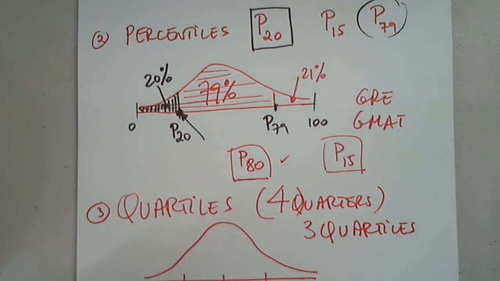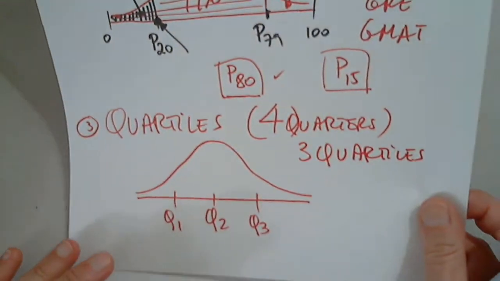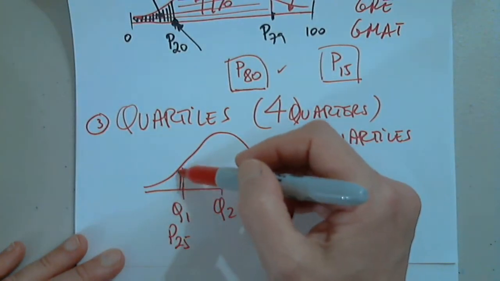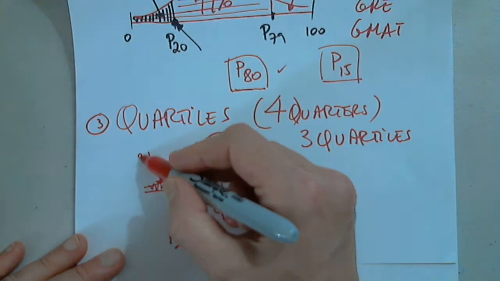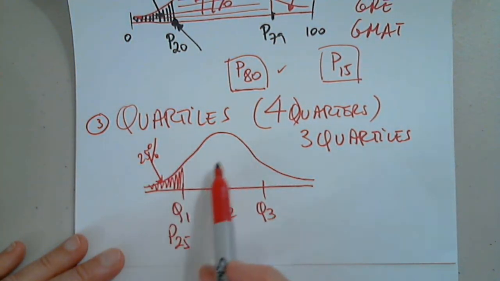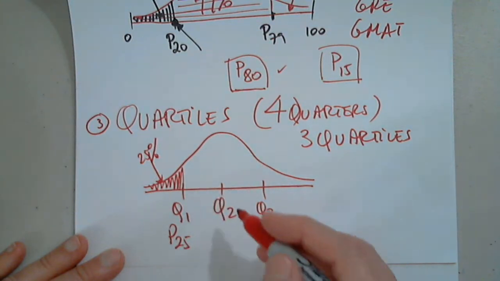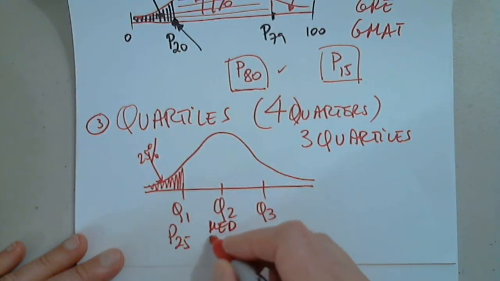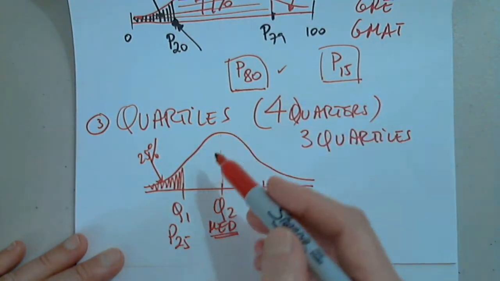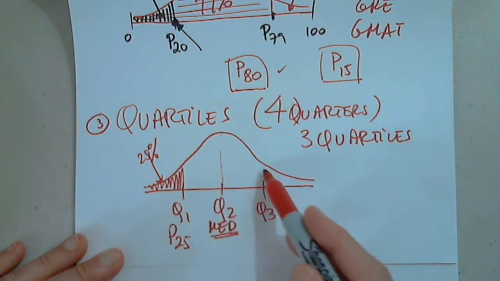What does this represent? This is identical with P25. What does that mean? Well, this is 25% from 100%, and the rest is 75% above. This is the median, which we knew. We also call it Q2. Of course, this is 50% and this is 50%.